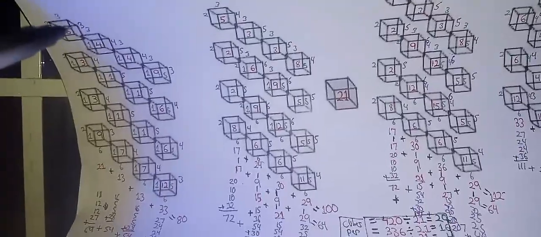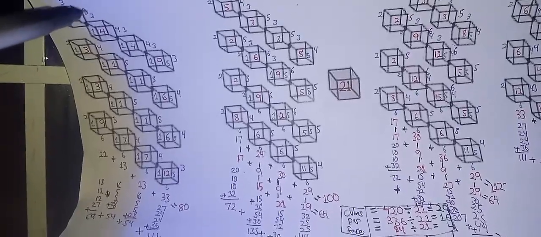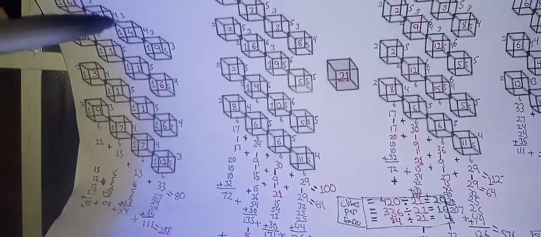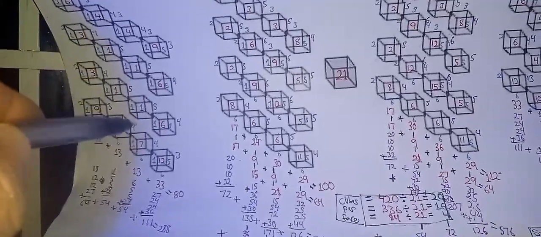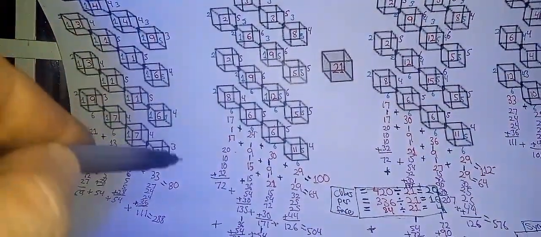Then for the synergistic numbers, you add up the number of hidden faces of each miniature cube. Like this is 3, 4, 4 and 3, 4, 5, 5 and 4, 4, 5, 5 and 4, and 3, 4, 4 and 3.